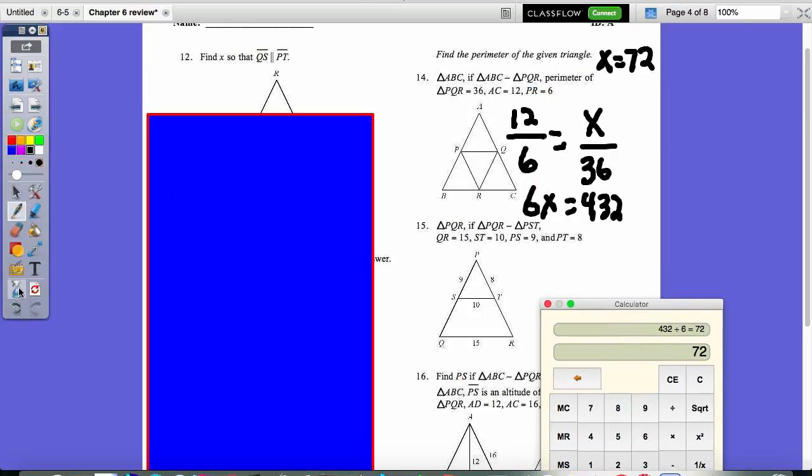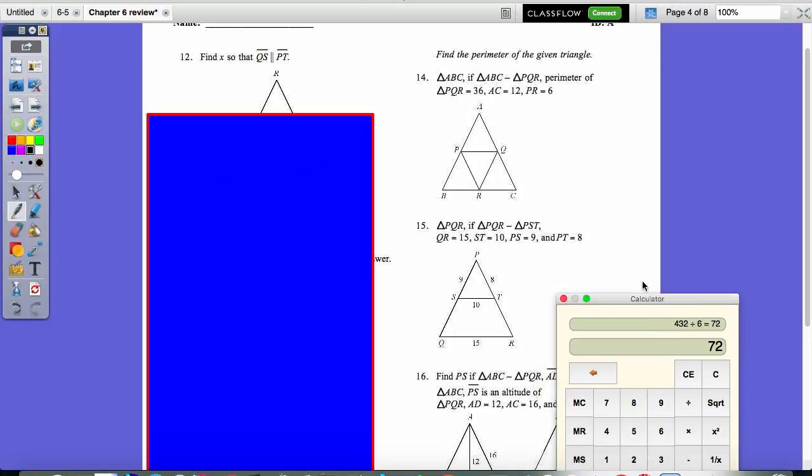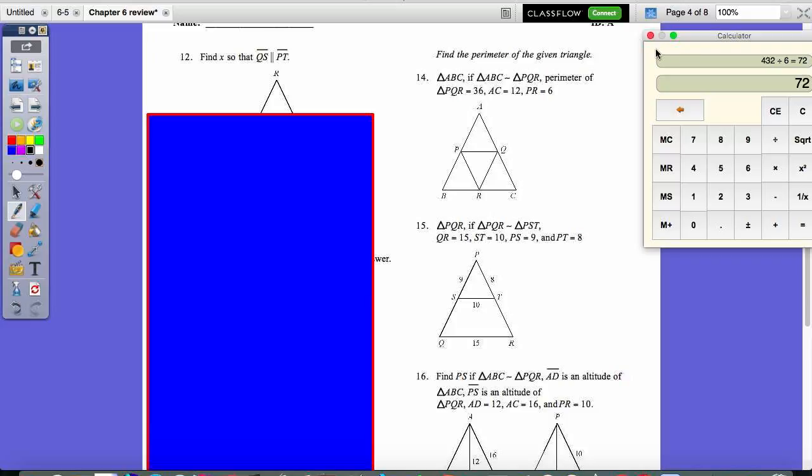So that's number 14. Number 15, I actually did a long way in periods 1 through 4, and then realized a shortcut in period 5. So I'm going to say how I would do this the long way, and then the shortcut I realized.